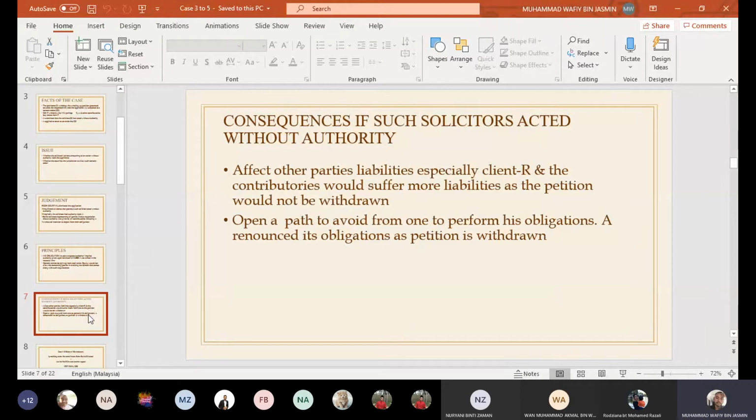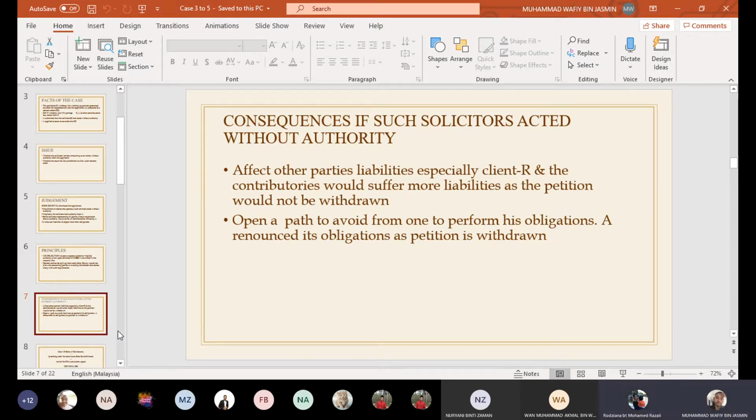Because in this case, after the negotiation had taken a period of 3 days, only then did the applicants not want to perform their obligation, which was to buy the assets provided by the petitioner. This shows that they want to use this reason or ground to escape from performing their obligations under the consent order.